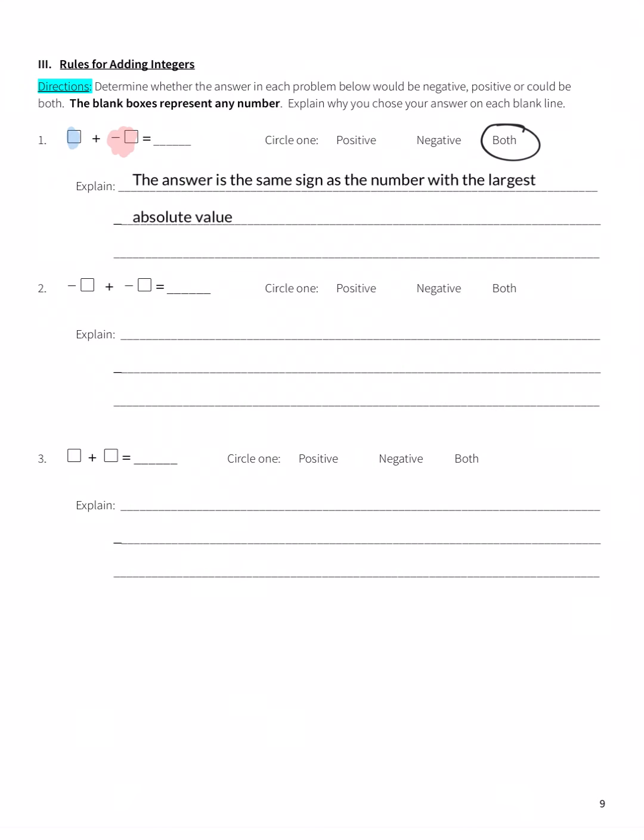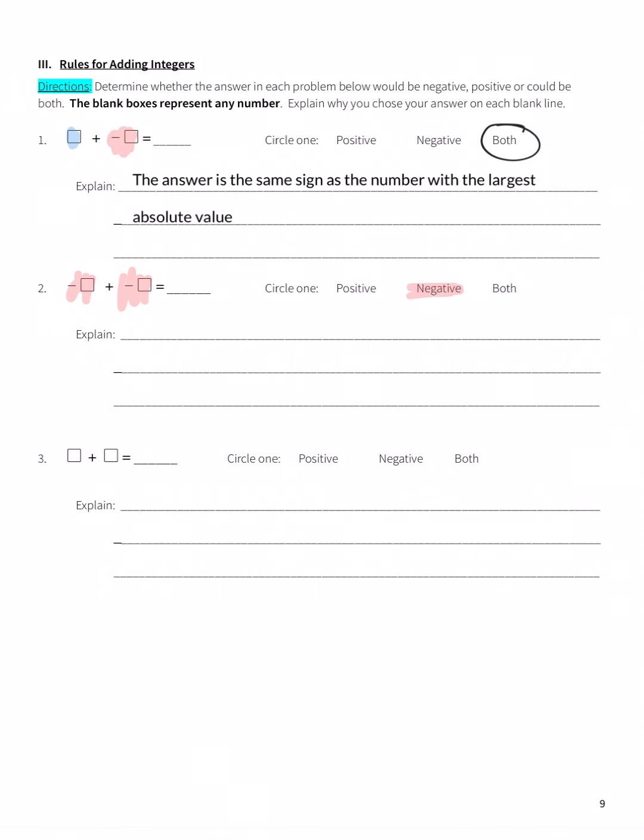All right. So now we're looking at a situation where we have any negative number added to any negative number. So think about it. Do you think that the answer is positive, negative, or both? All right. If you said negative, you are correct.